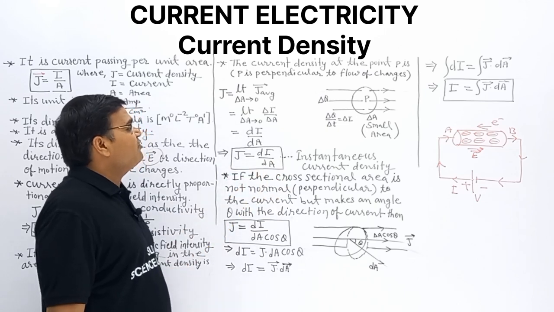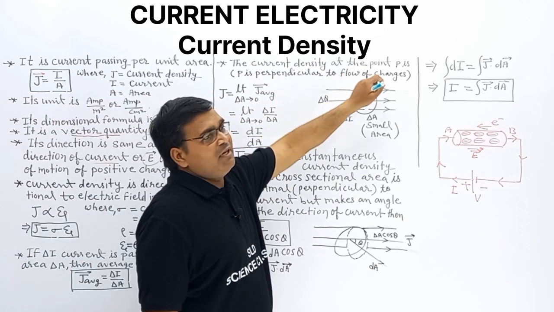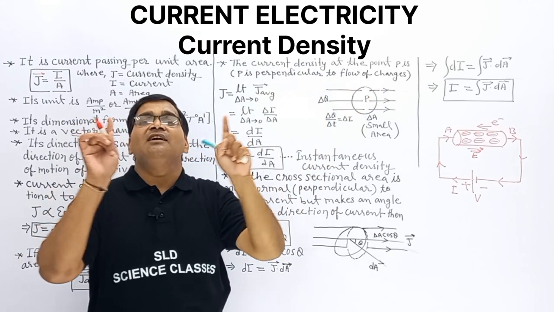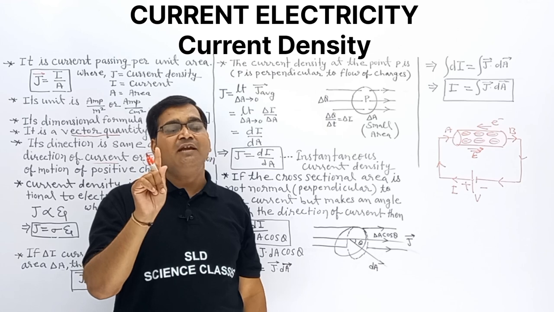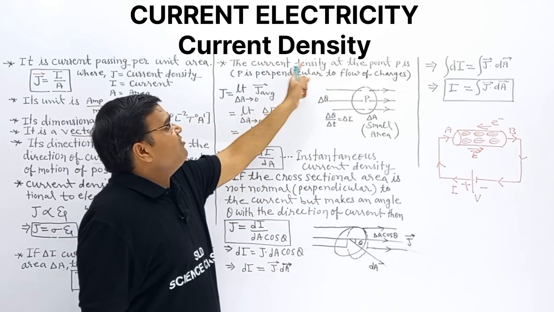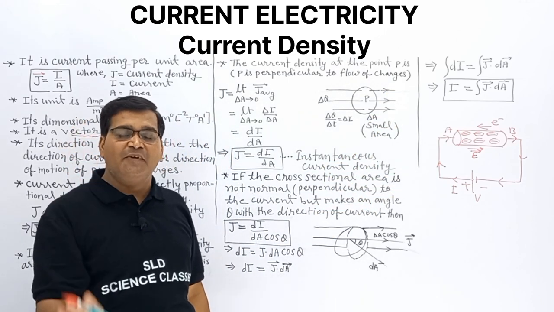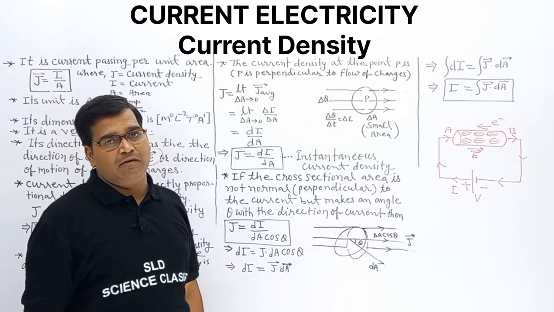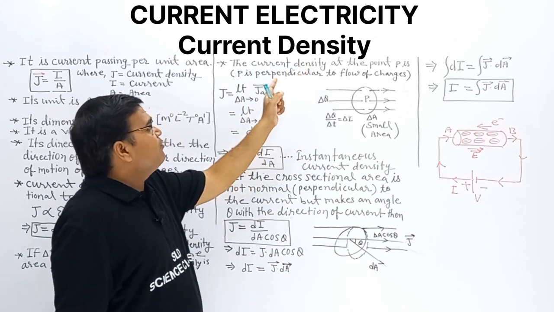Now we want instantaneous current density. So how will we find this one? What is the instantaneous? The current density at a point. The current at the instant or time t gives instantaneous electric current. But for current density at a particular point on the surface, how will we find it?